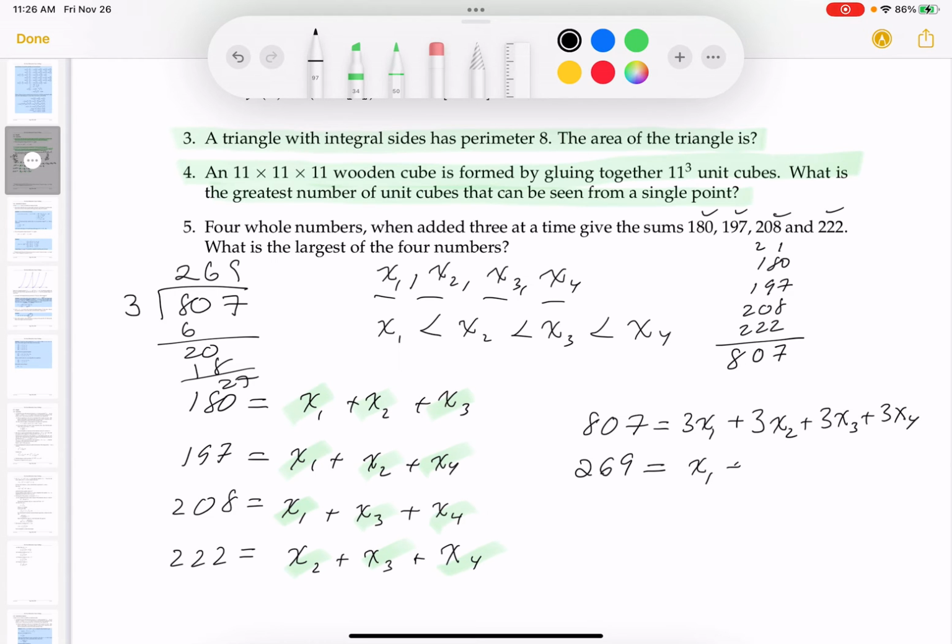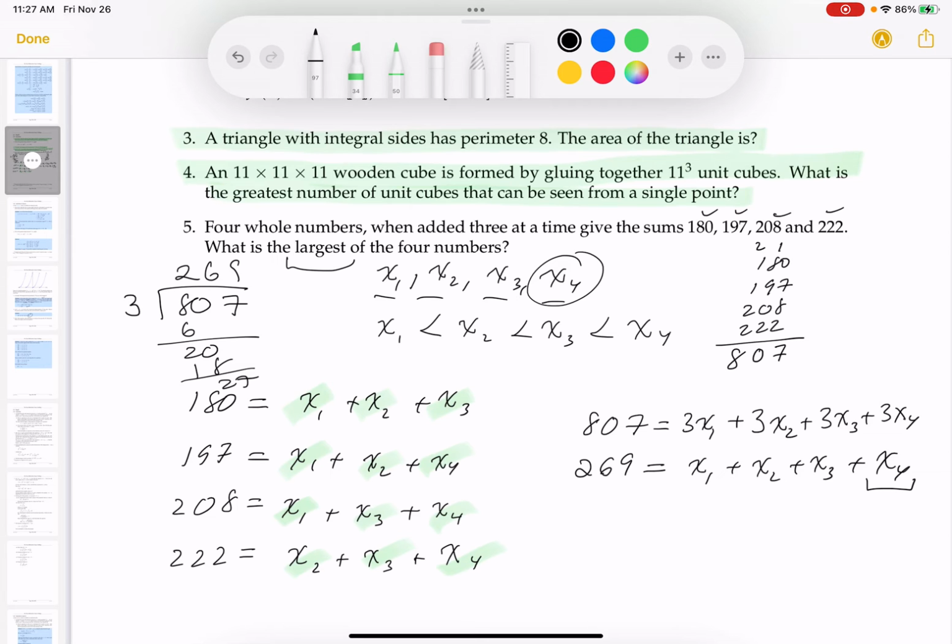So it's x1 plus x2 plus x3 plus x4. And by the way, you may be in an infinite loop now saying, gee, that doesn't help me either. All right, but I'm starting to realize I know something. I know that they're just asking about what the largest number is, and I've already identified this one as the largest.